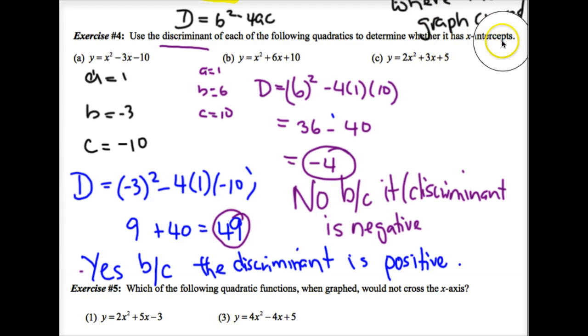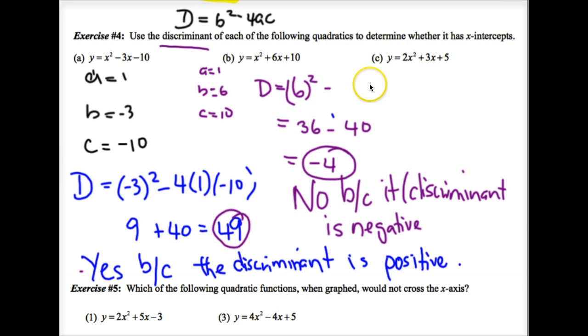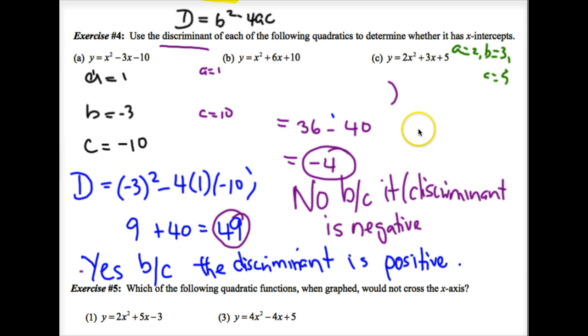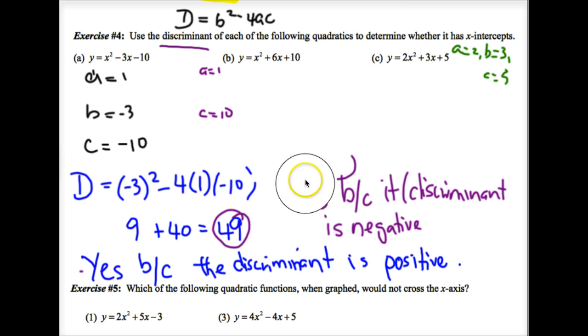So the last one that we're going to try here is C. My A is 2, my B is 3, and my C is 5. So let's get some space over here.